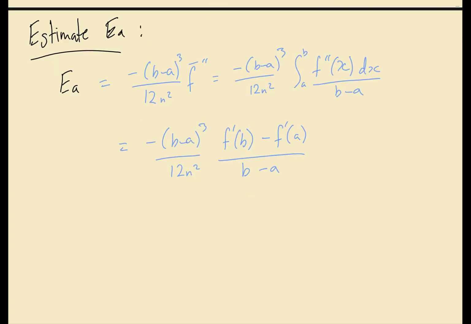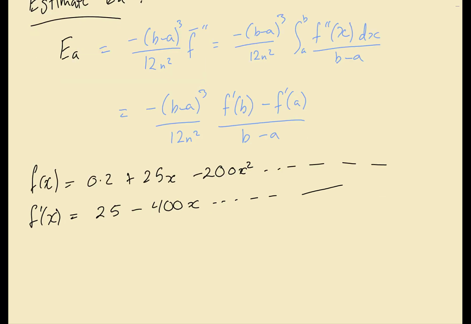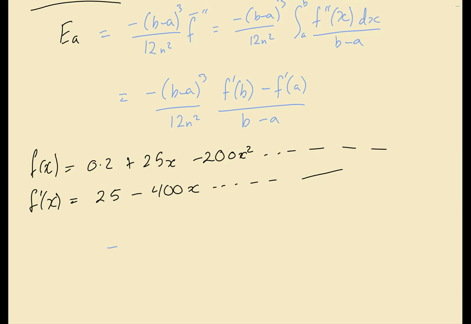The function f of x is what we wrote before, 0.2 plus 25x minus 200x squared and so on. So f prime would be 25 minus 400x and so on.